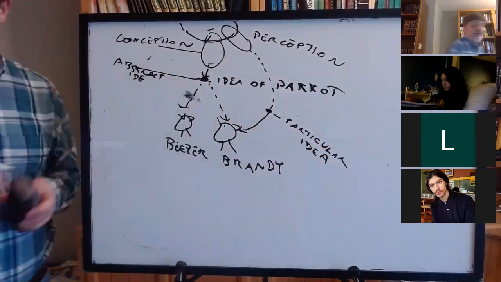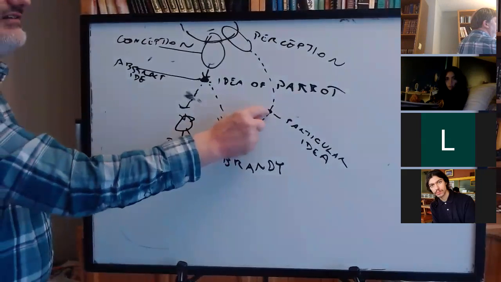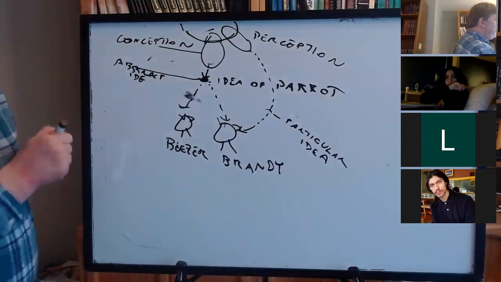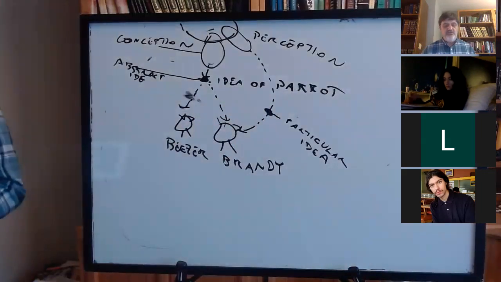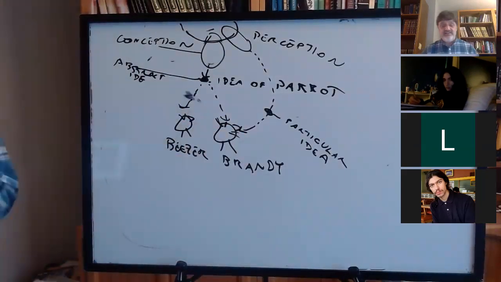In the operation of perception, Brandy, for example, was represented by a particular idea. To form the abstract idea from this particular idea, I had to separate out, and obviously I didn't separate out the actual qualities of Brandy, right? Like I didn't take Brandy apart into a parrot part and a bigger part or something.